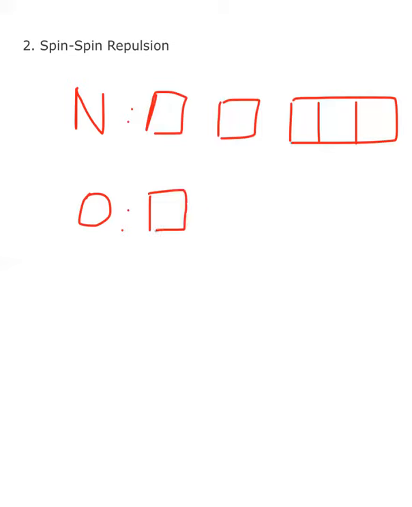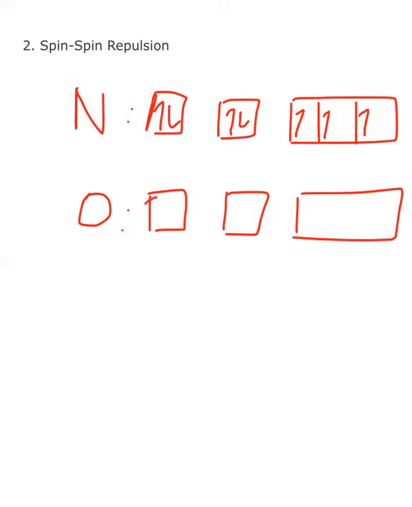Now, we'll do the spin repulsion for both of these. Okay, so this is the configuration for nitrogen and oxygen.